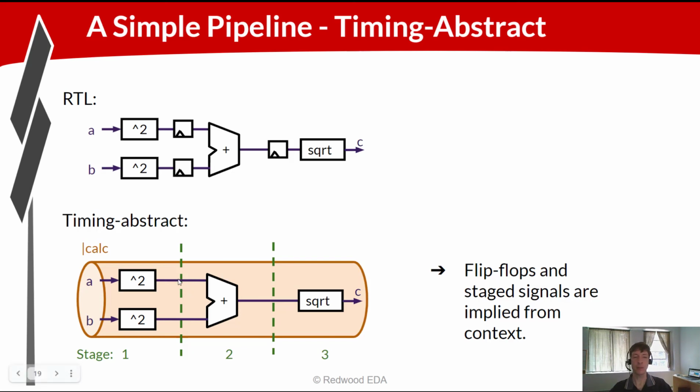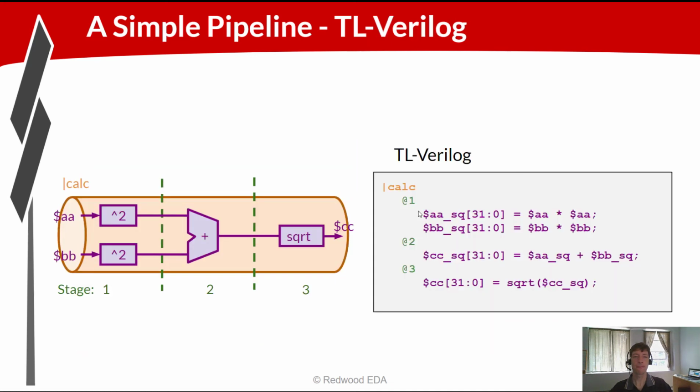The flip-flops are implied by the fact that we're carrying values from one pipeline stage to the next pipeline stage. In TL-Verilog, you can express this circuit this way. And you can see a very direct correlation between the code and the picture.